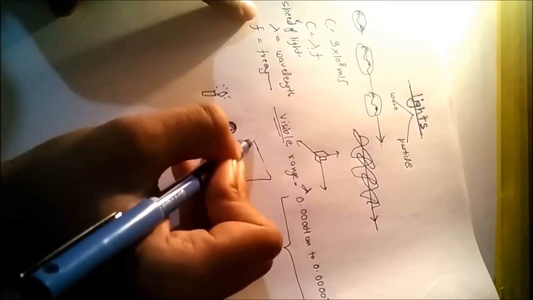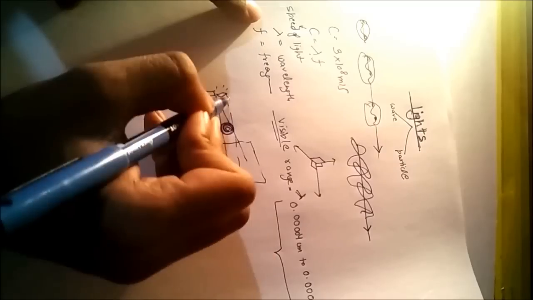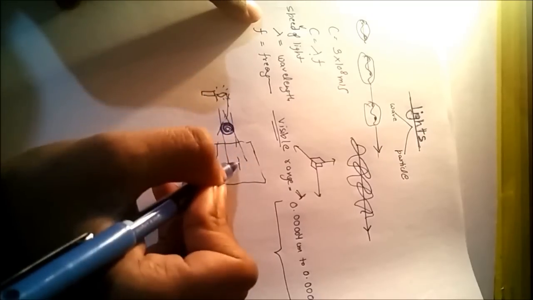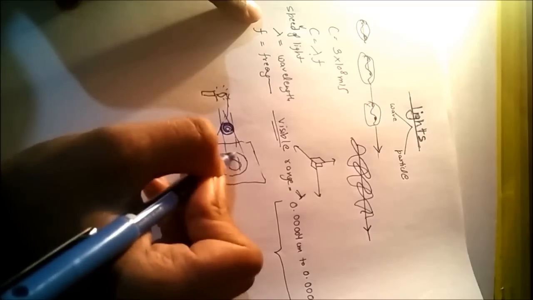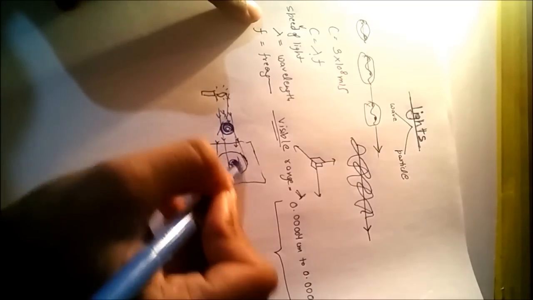Okay, our diagram, like this is a ball and this is our light source, and this is our screen. This is the blackest part from the light, the shadow you can imagine, and this is the lighter part.